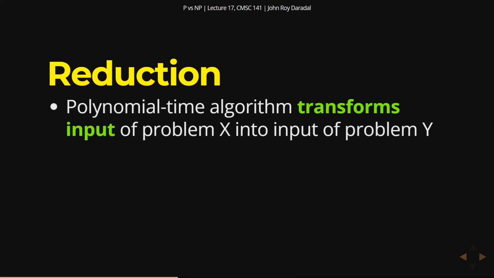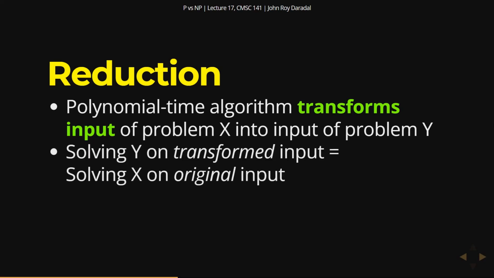Let's talk a little more about reduction of problems. How do you reduce one problem to another? In reduction, you have a polynomial time algorithm that transforms the input of problem X into the input of problem Y, so that problem Y can solve problem X. Solving Y on the transformed input means that you're also solving X on the original input.